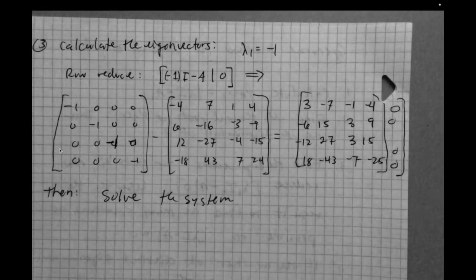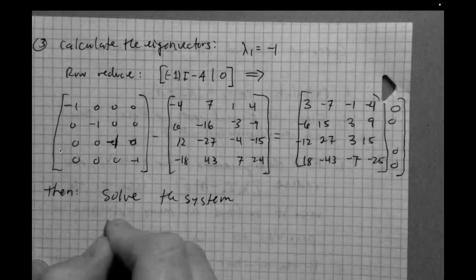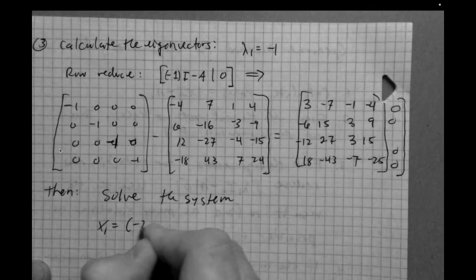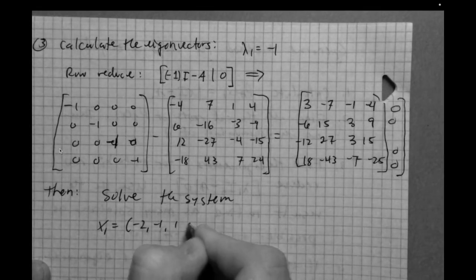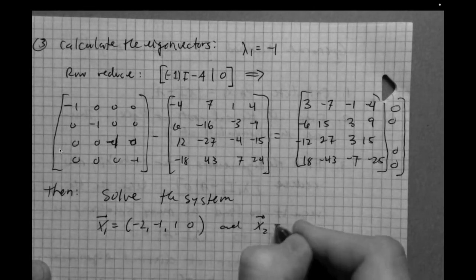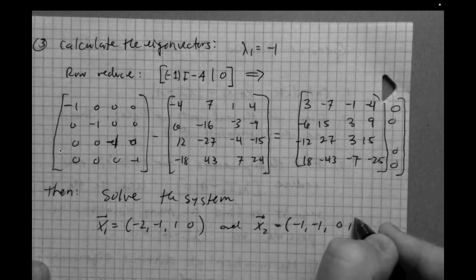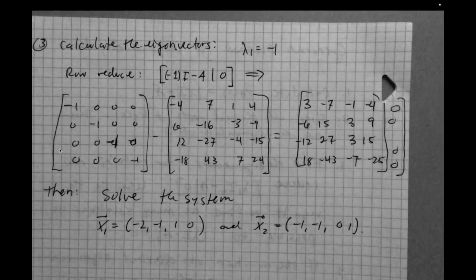When you do that, you can produce 2 distinct eigenvectors for this system. So x1 is equal to -2, -1, 1, and 0. And you can get a second eigenvector, which will be -1, -1, 0, and 1. These would be the 2 eigenvectors that work with lambda1 equals -1.